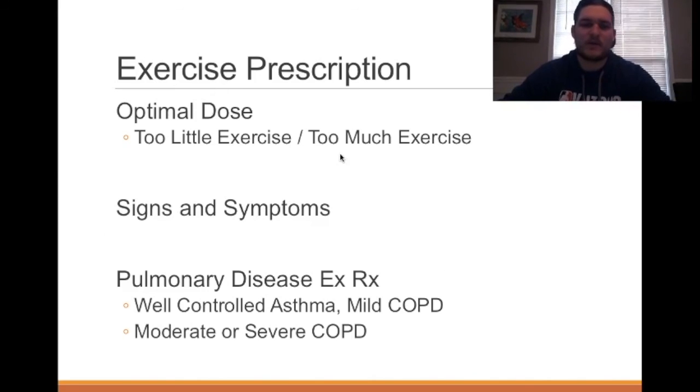When you are prescribing exercise, make sure that you're looking for signs and symptoms. The talk test, again, is a great way to make sure that the person can handle the intensity of exercise. And we're going to divide our exercise prescription based on whether they have a mild COPD condition or more moderate to severe COPD condition.